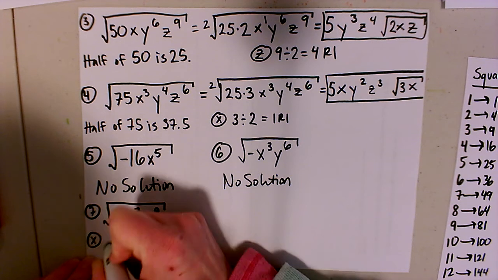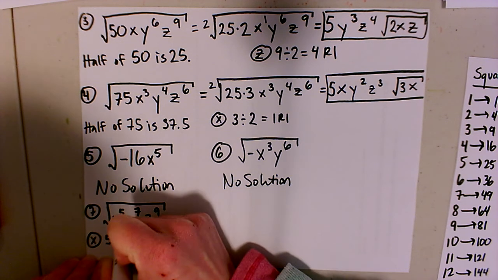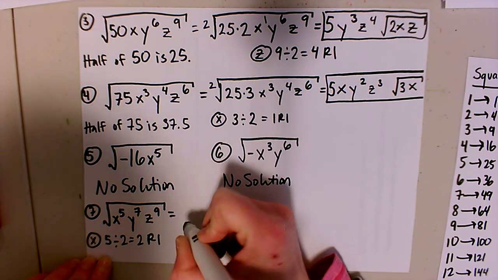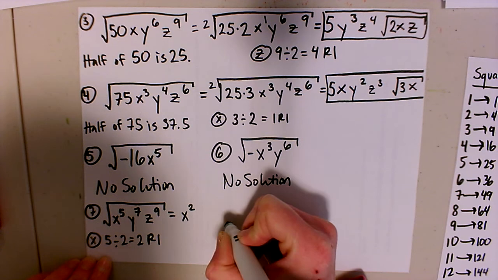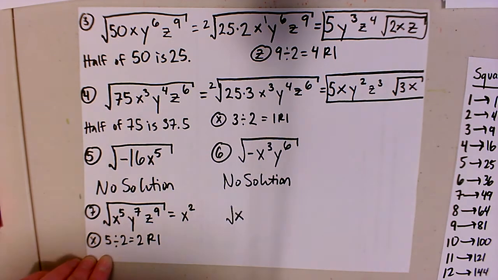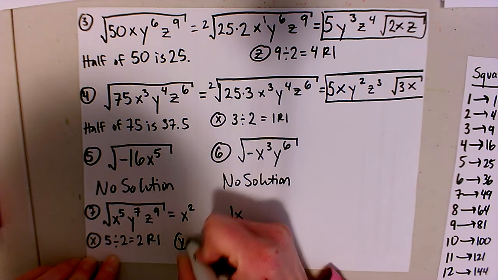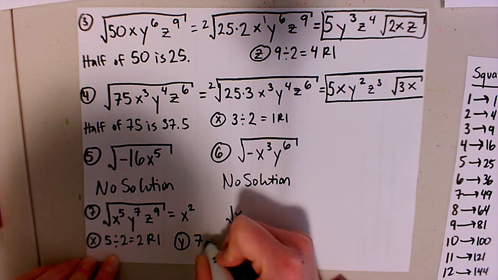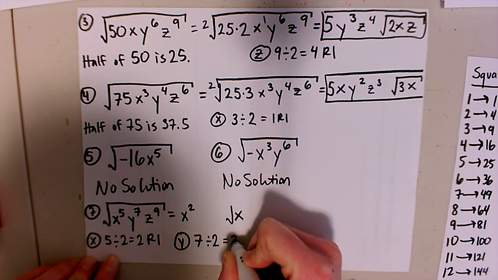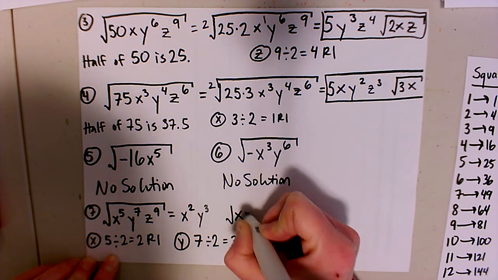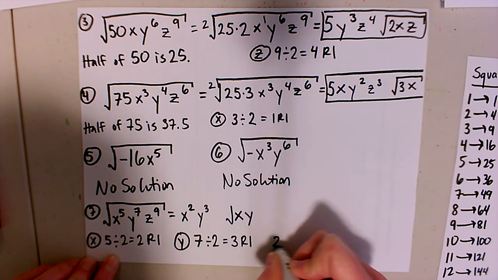So for x, we'll do 5 divided by 2, which is 2, remainder 1. So that means we have an x squared on the outside and a lonely x to the 1 on the inside. For y, we'll do 7 divided by 2, which will give us 3, remainder 1. So I'll have a y cubed on the outside and a y on the inside.